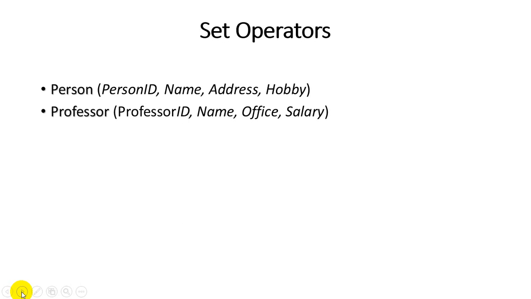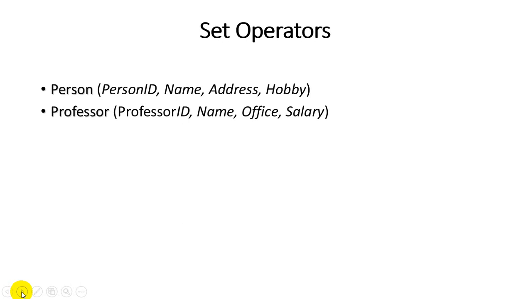So what is the first condition? Both relations have the same number of attributes. As per the person and professor tables, both have four attributes, so the first condition is satisfied. What is the second condition? Both relations have a common, or compatible, data type.